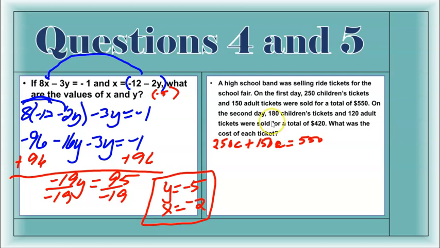And the second equation is going to be the second day, which they had 180 children's tickets plus 120 adult tickets, and that's going to give us a total of $420. Now we have to determine which variable we're going to solve for first. Now I'm going to eliminate the A, the adult tickets.